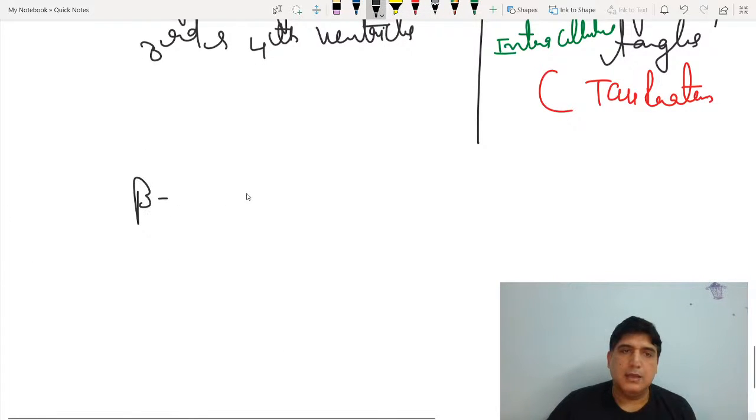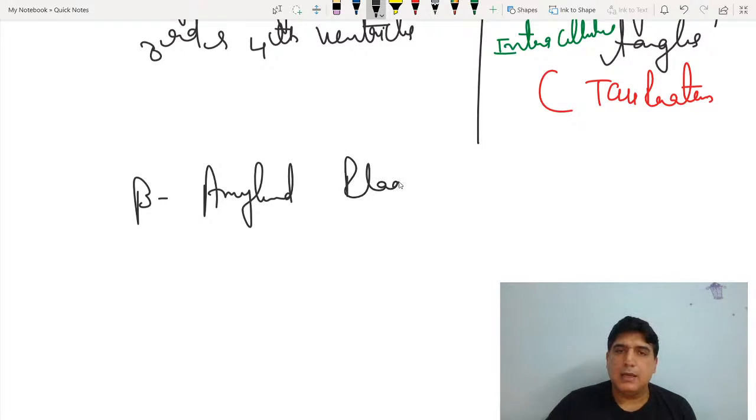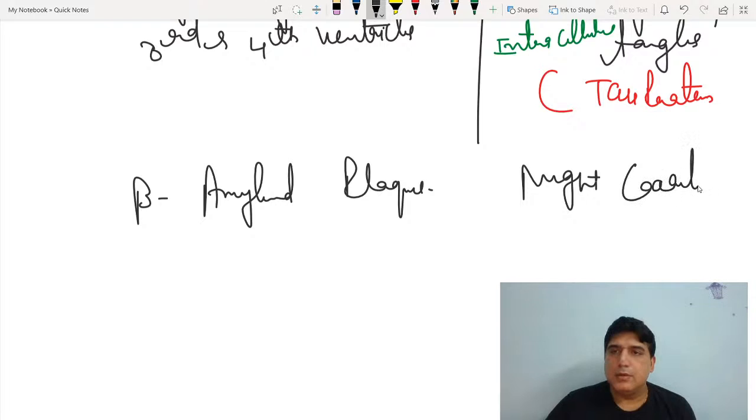Beta amyloid plaque might correlate with cognitive impairment.